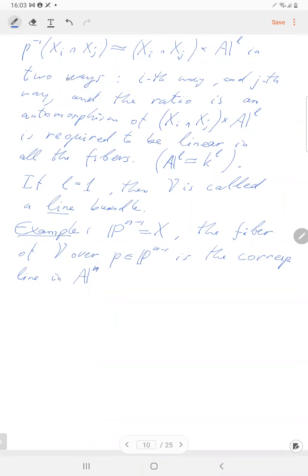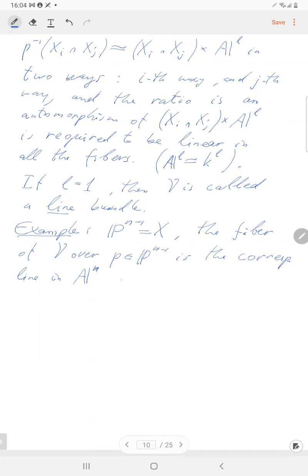You remember that projective space consists of lines. Any point of projective space is a line in the ambient affine space passing through the origin. So I take this very line.